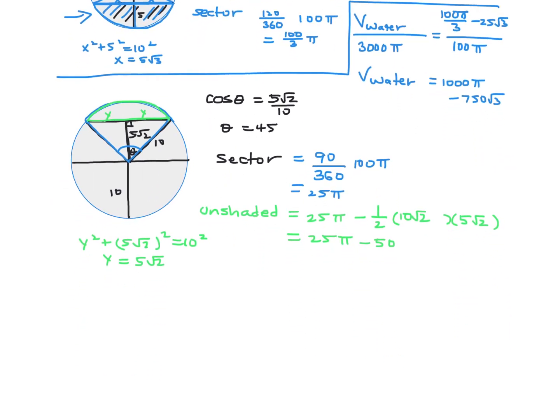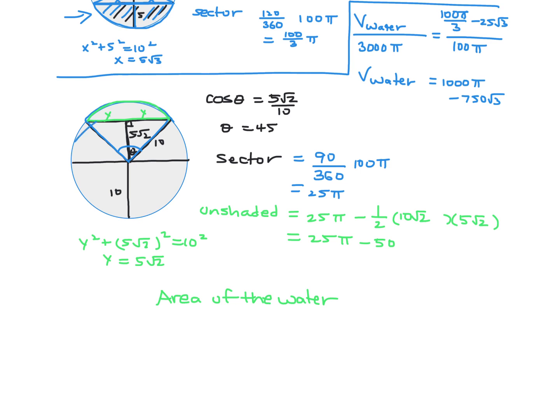So what we want is the volume of the water. Hold on here. No, let me not call it volume, because that's going to make it confusing. We just want the area of the water of this guy. Sorry about that.